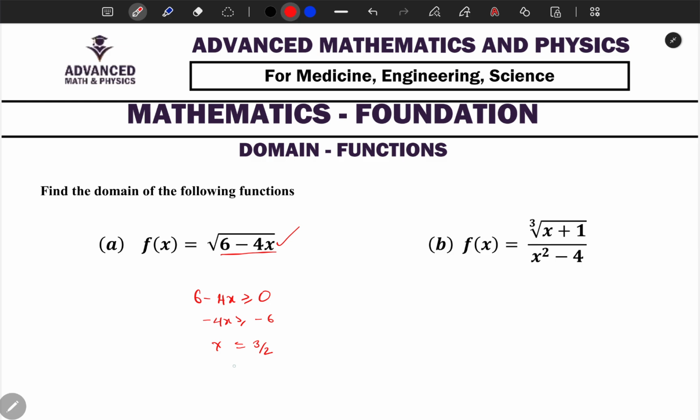So what is this telling you? Meaning the domain, we are looking for all values of x that are less than or equal to 3/2. Any number which is less than or equal to 3/2, when you plug it there, the square root will be positive and not negative.